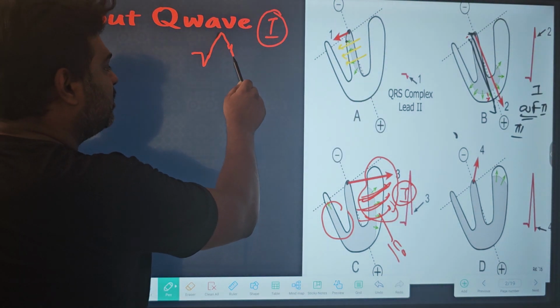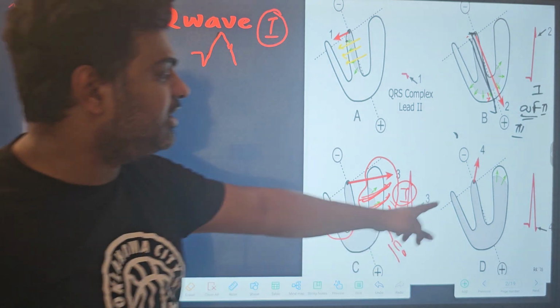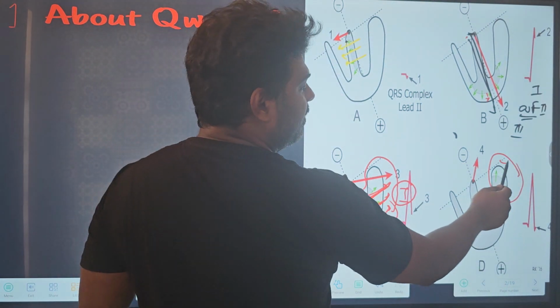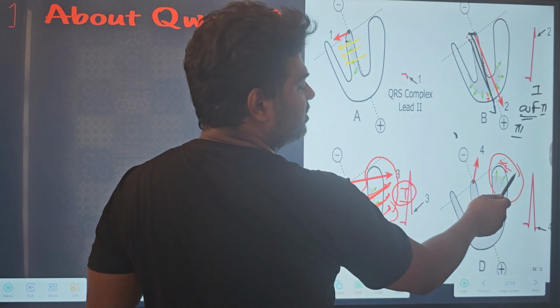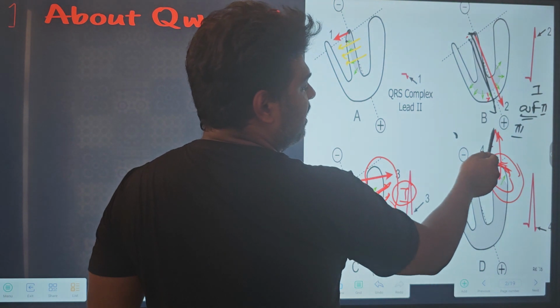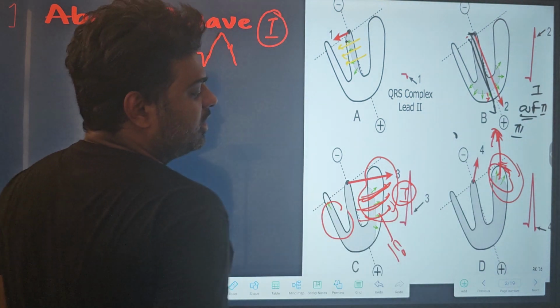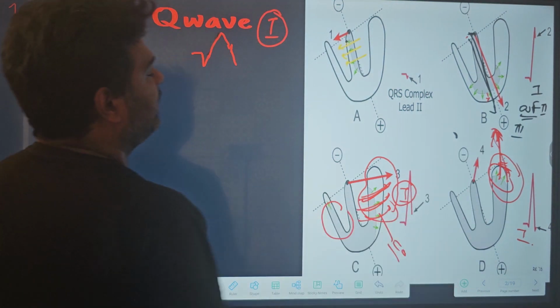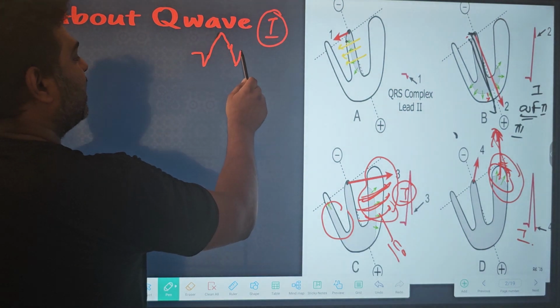Then it comes down. Now in the final, this part is known as the basal part of the left ventricle, or the free margin part of the left ventricle. This part is depolarized in this direction. Okay, so if we take lead 1, this part is going away from lead 1, so you again see an S wave.